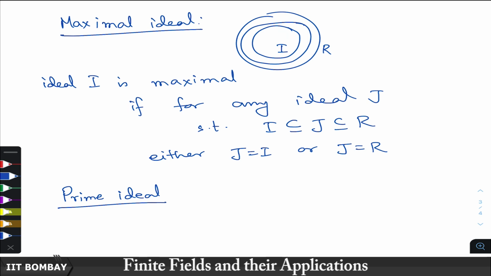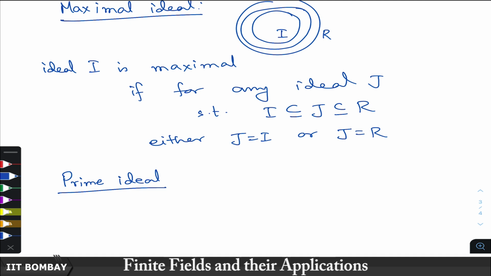Now, prime ideal. A prime ideal is an ideal which has the property that if A and B are ring elements, if the product AB belongs to I, then either A is in I or B is in I. Okay.